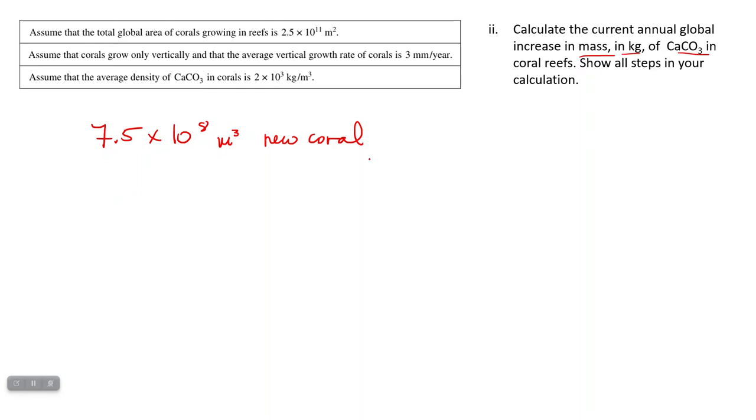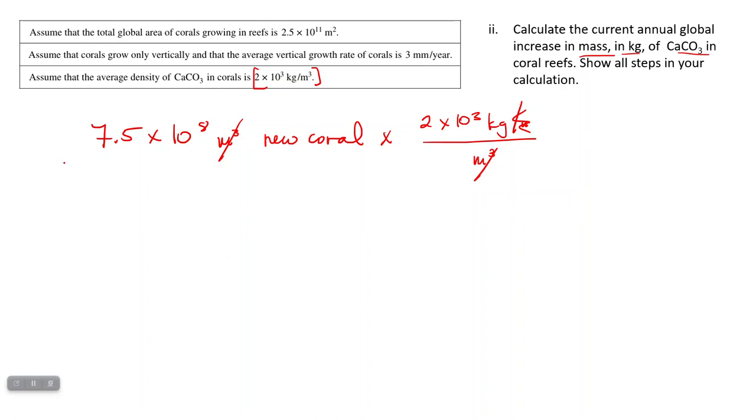We basically have our conversion factor here. So let's see what happens if we multiply these numbers, okay? Times 2 times 10 to the 3rd kilograms over meters cubed. Well, meters cubed and meters cubed cancels out.